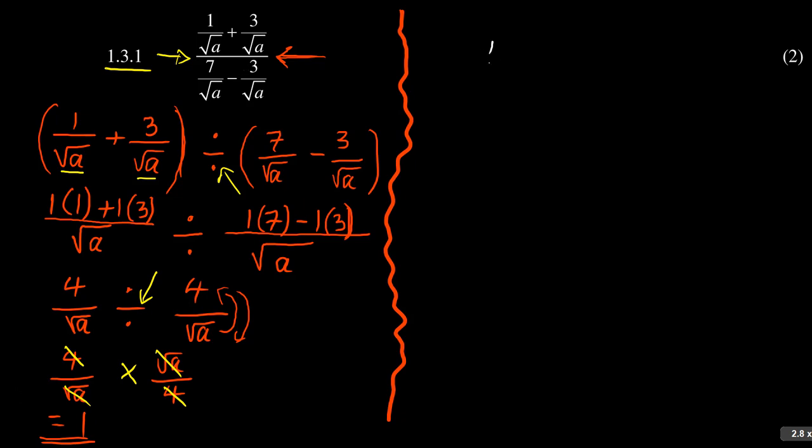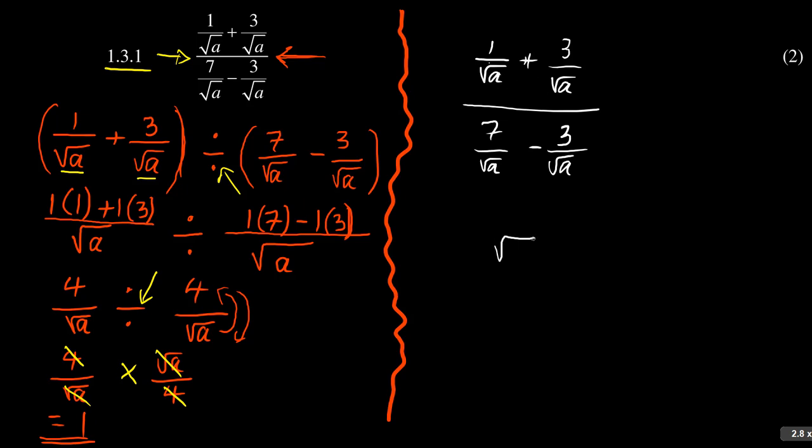You could have gone for 1 over square root of a plus 3 over square root of a divided by 7 over square root of a minus 3 over square root of a. So you focus on the top.